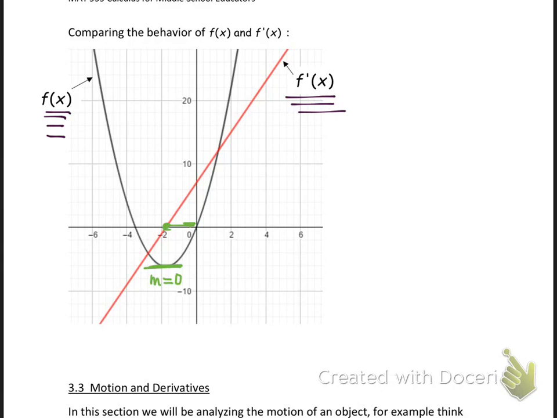So let's pick another point. So I'll go a different color, and let's see, what about this point right here? So if I want to know what is the slope of a tangent line drawn to that curve, because that also gives me what's the slope of the curve, right?